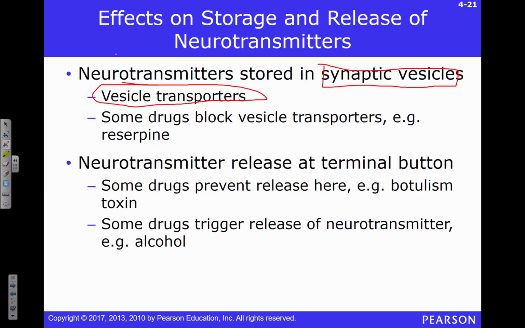We get more vesicles down at the terminal so we can dump those out. There are some drugs that are going to block the vesicle transporters, right? When we block that vesicle from making it to the synapse, then we have acted as an antagonist, right? We've prevented that action. Okay?